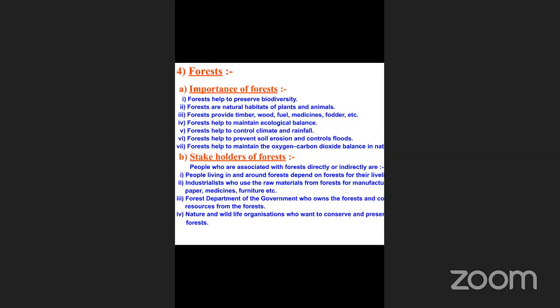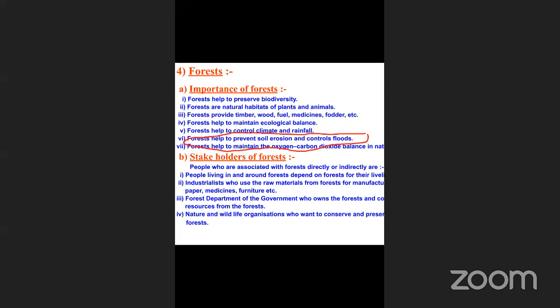Then forest helps us to prevent soil erosion and controls the floods. You know what is soil erosion? The loss of topsoil is called soil erosion, right? Because in a forest, so many plants will be there which will hold the soil with their roots.